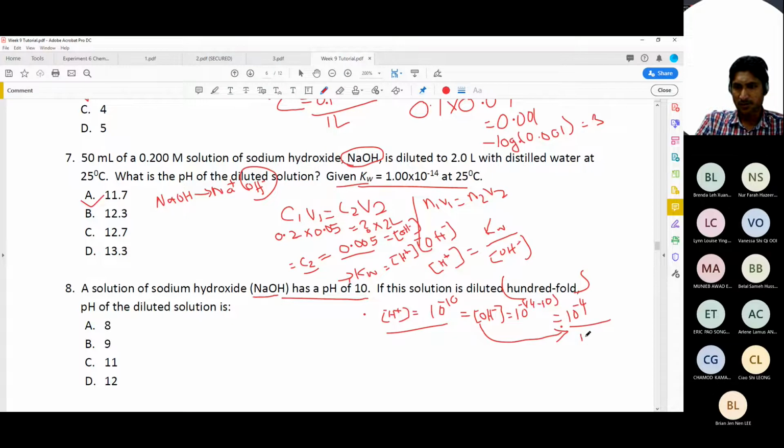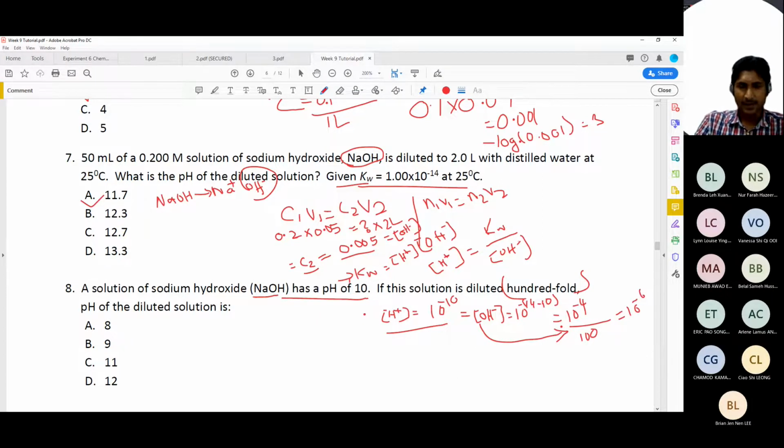So we divide 10 power negative 4 by 100, which is 10 power negative 6.